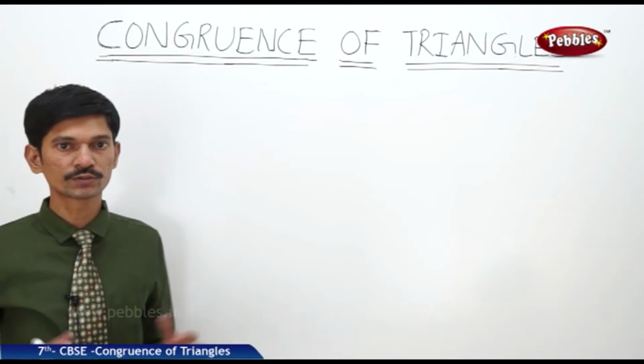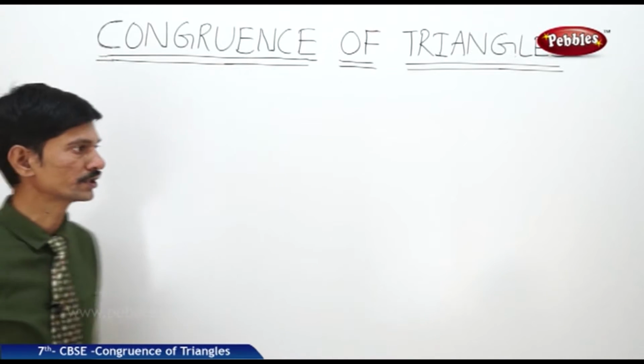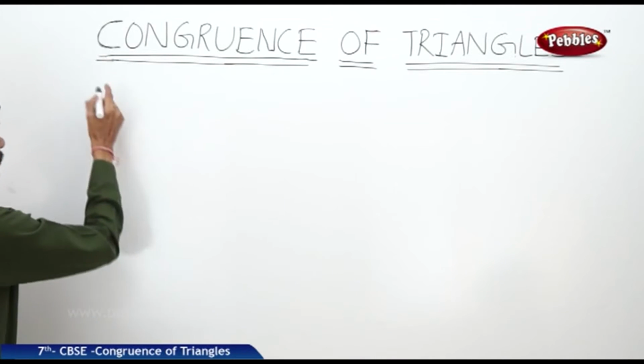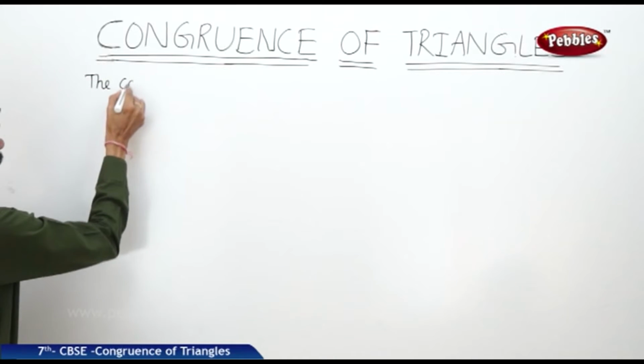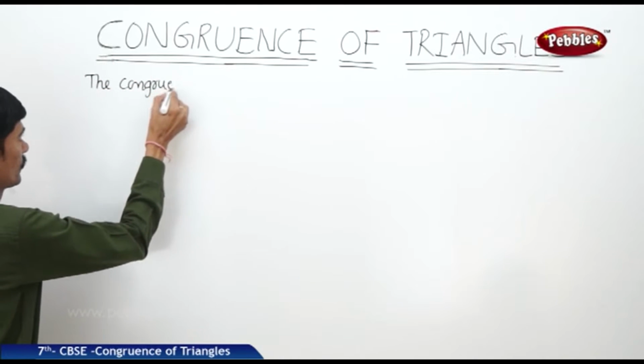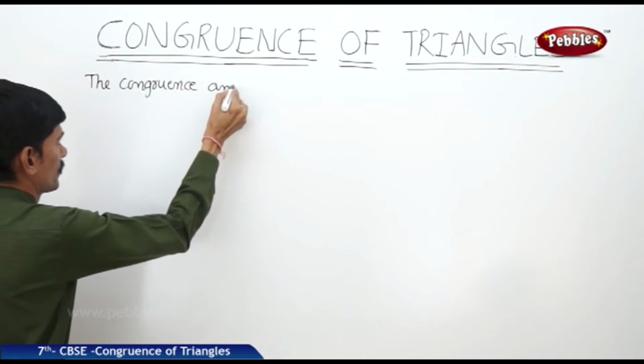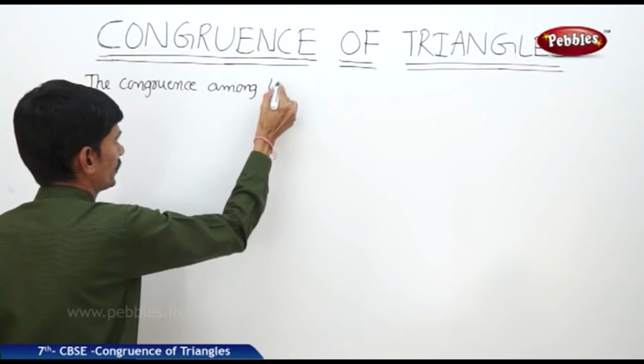Now let us see when two line segments are said to be congruent, means the congruence among line segments.